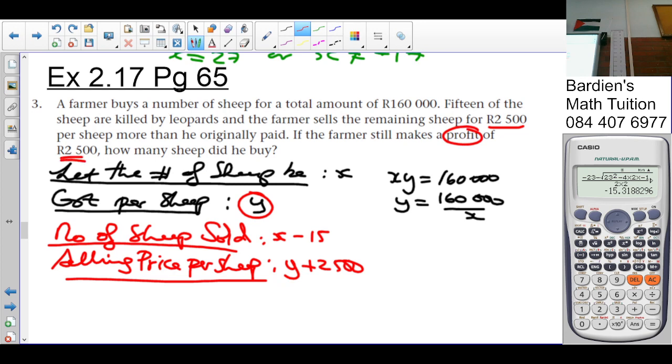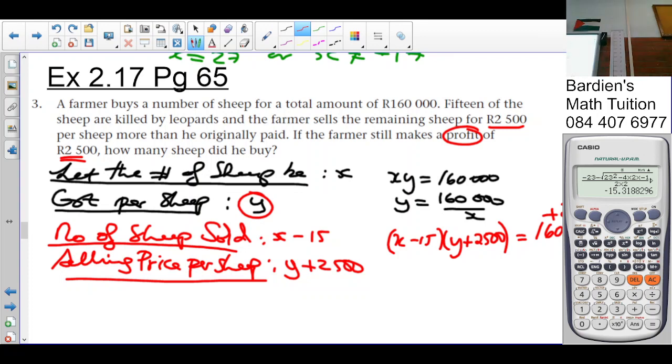So in other words, the second equation consists of the number of sheep sold, which is x minus 15, times y plus 2,500. And that would give you a return of 160,000 rand plus 2,500 profit. Can you see that picture?